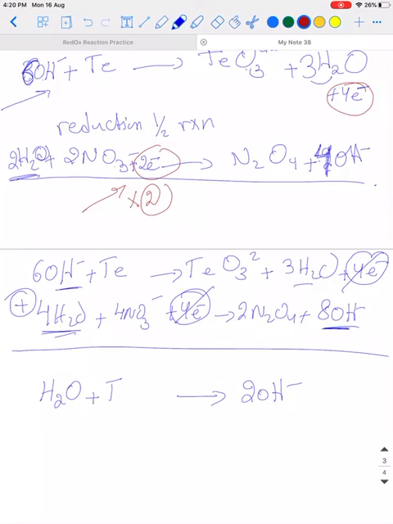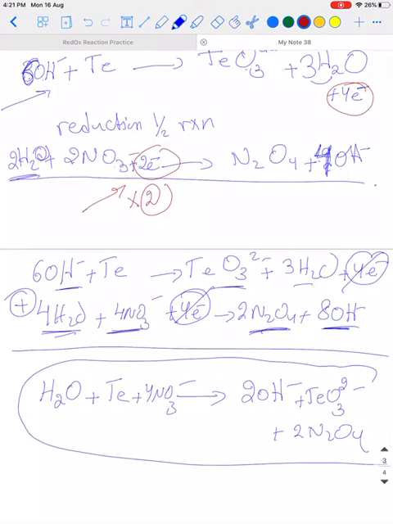Now plus Te, plus 4 NO3 minus. Here we have, as we said, 2OH minus plus TeO3 2 minus, and also we have 2 N2O4, and the equation like this is balanced in basic.